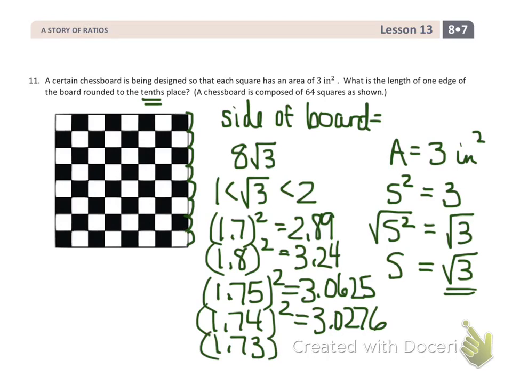1.73 I'll try. And we'll get 1.73 times itself is finally smaller, 2.9929. So that's only 1/100th off from 3.